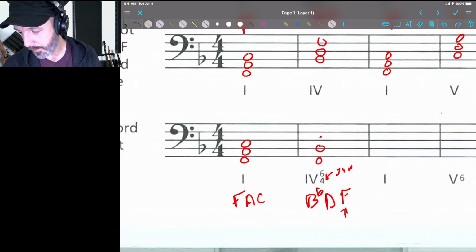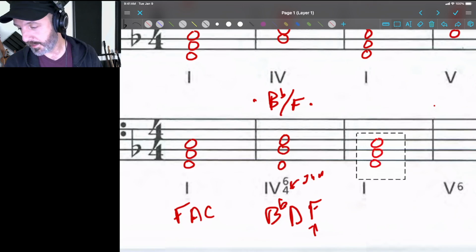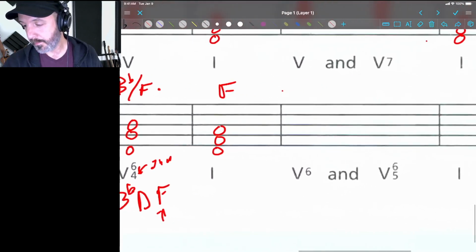Go up a fourth, go up a sixth. There you go. This would be B flat over F. B flat chord with an F in the bass. Go back to our one chord, nice, easy peasy. F chord, good old garden variety F triad.